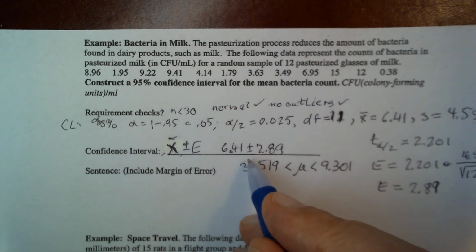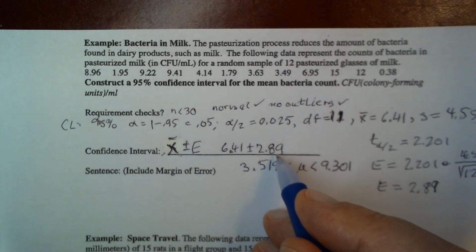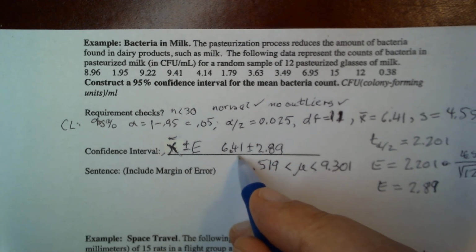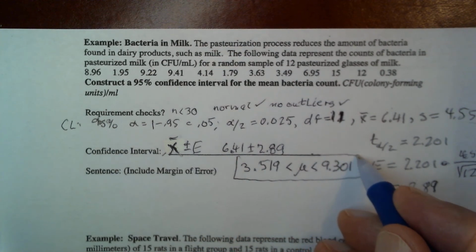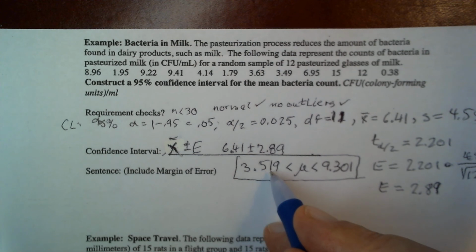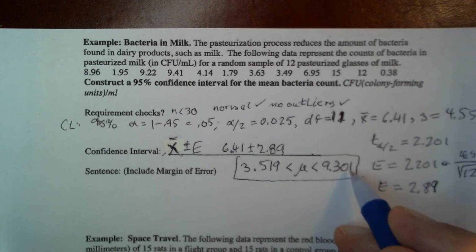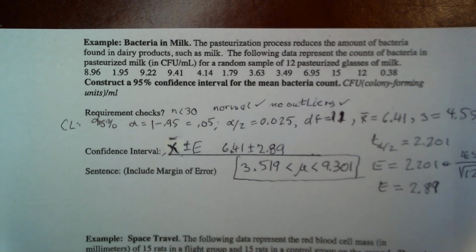With our margin of error of 2.89, it's 6.41 plus or minus 2.89, and that'll give us our confidence interval for the population mean between 3.519 and 9.301.